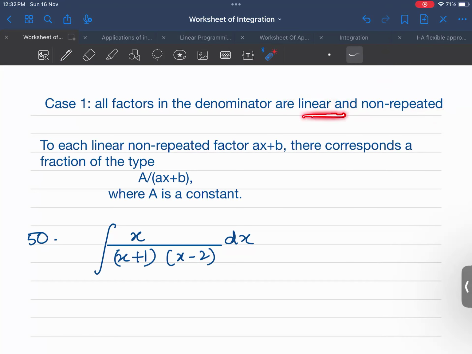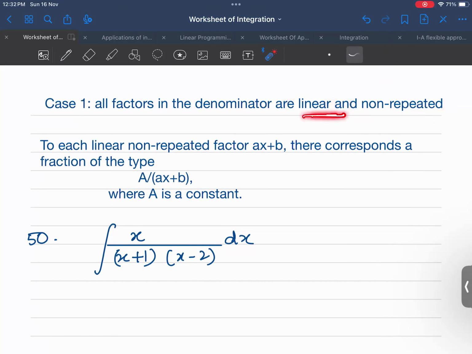The 1 upon 3 will be kept outside, and the integration of 1 upon x plus 1 would be log of x plus 1, plus 2 log of x minus 2.